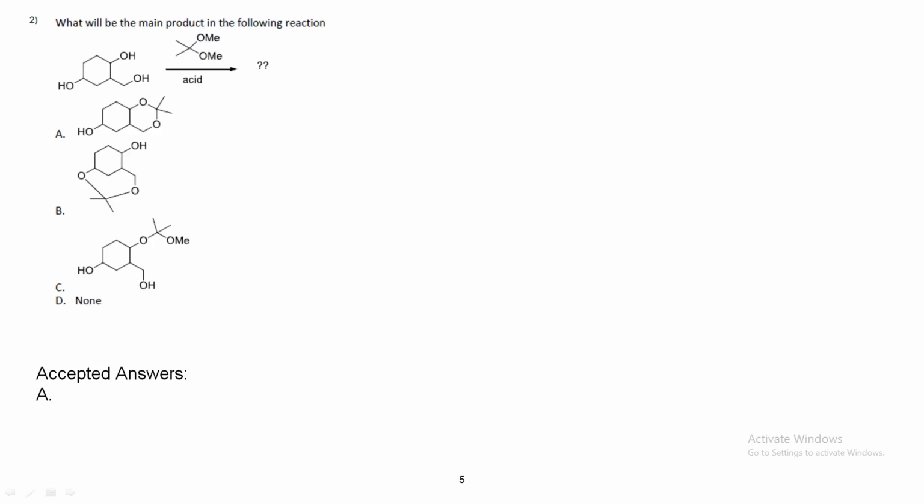Now for the next problem, you can easily see this is a ketal form, right? It is a ketal form of normal acetone. So in presence of acid, and this is our reagent, or this is our starting material. If we react these two species, let's see.